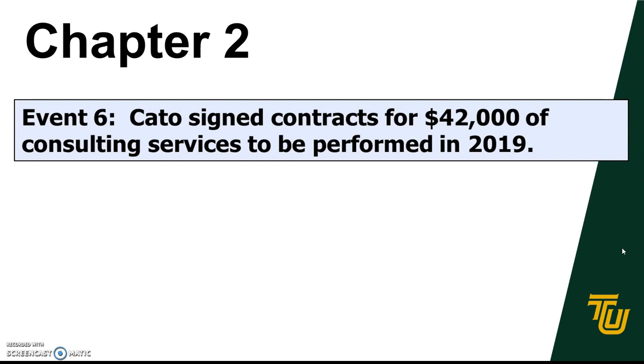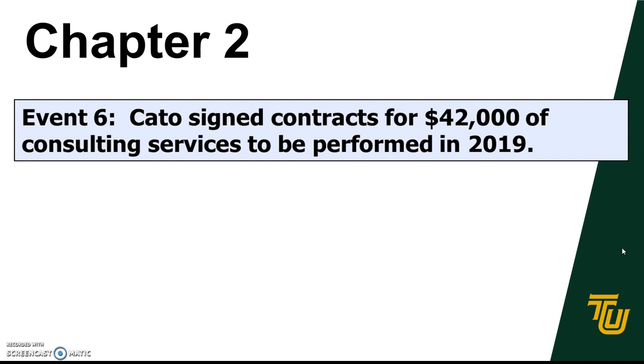But if there's a signing bonus, when's the signing bonus earned? When do we have the expense related to a signing bonus as a company? As soon as the employee, the future employee, signs the contract. So if there were a signing bonus, we would recognize that expense at the time of the signing of the contract.